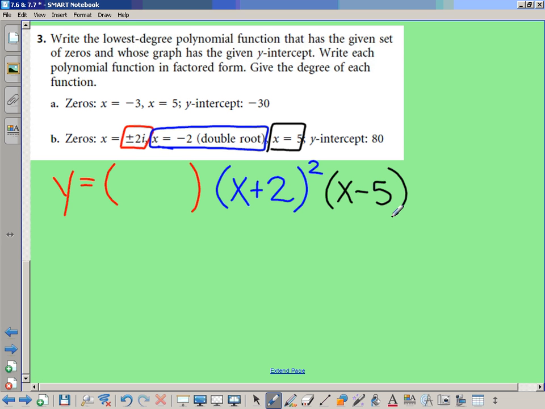Now let's go back and consider what we have there in red. It says plus or minus 2i. So I think all we need to do here is make one set of parentheses for the x minus 2i and another for the x plus 2i. So this polynomial actually has 5 solutions, or 5 roots. It's just that 2 of them are what kind?